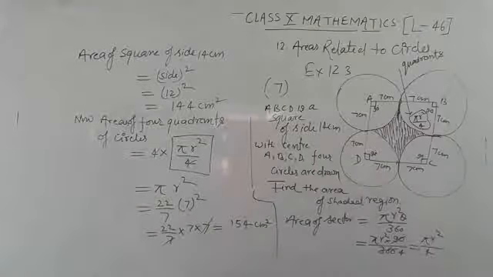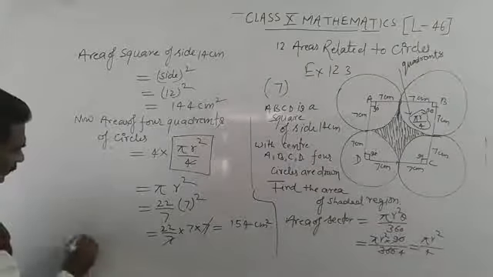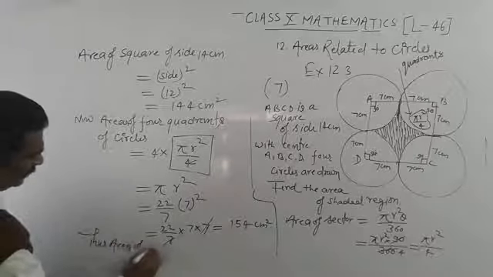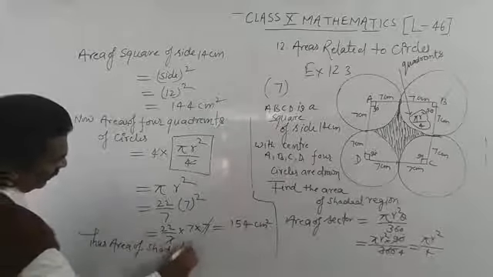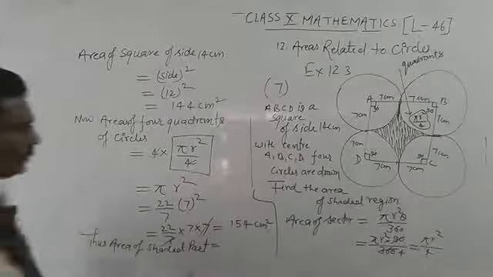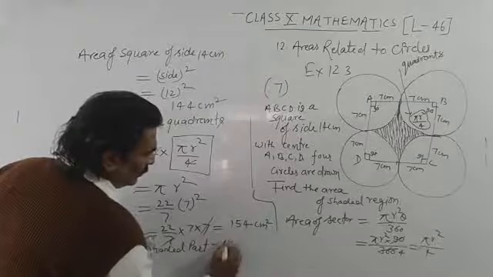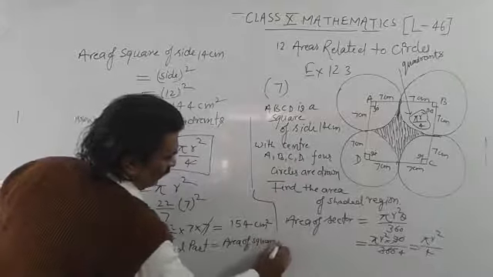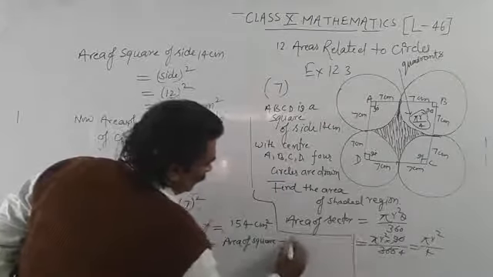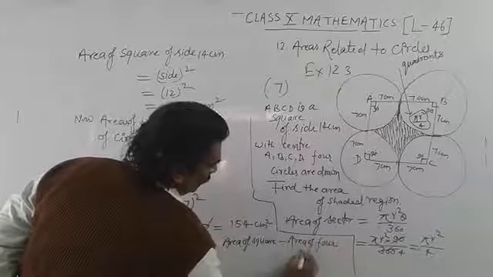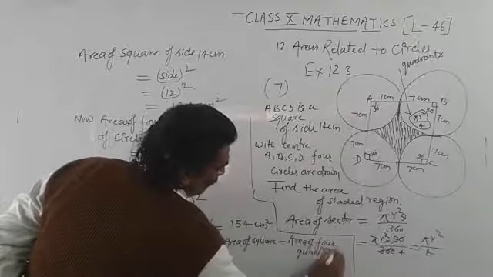Okay students, now finally we can write that area of shaded portion is equal to area of square minus area of 4 quadrants.